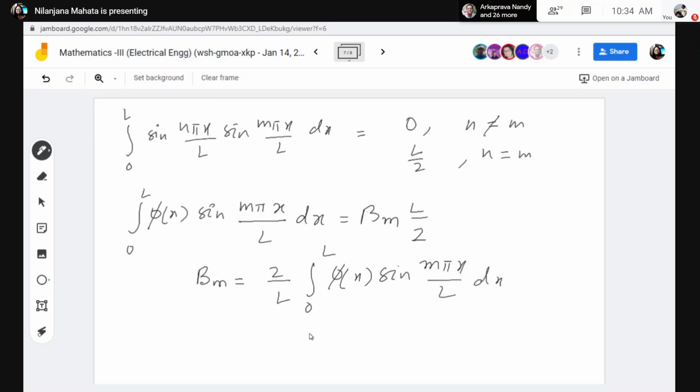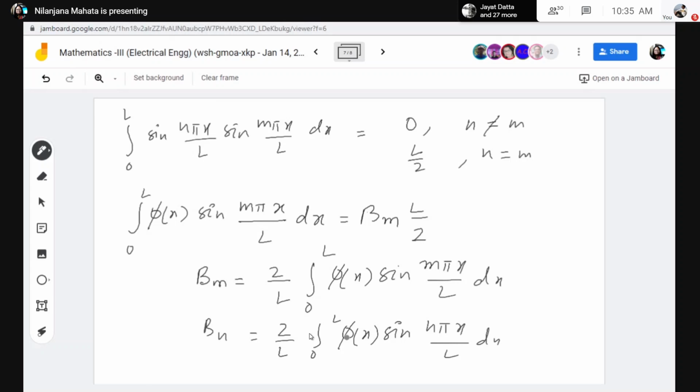And for your problem, since I have taken n equal to m here, that will be your n also. So b_n is 2 by L, integral from 0 to L phi(x) sine n pi x by L dx.